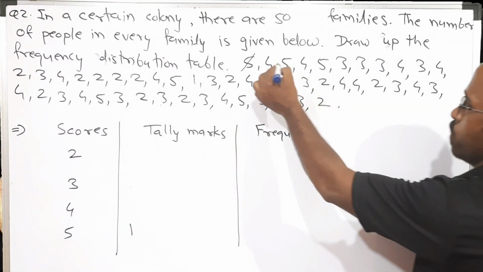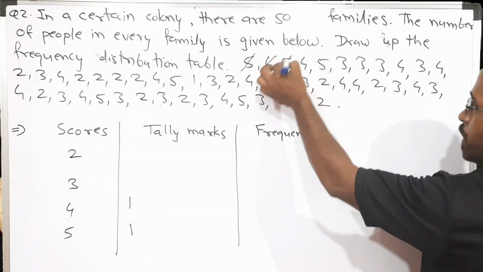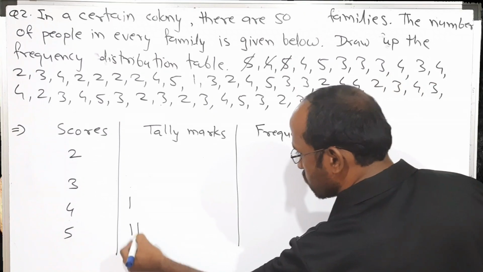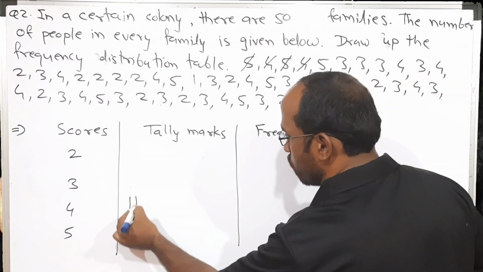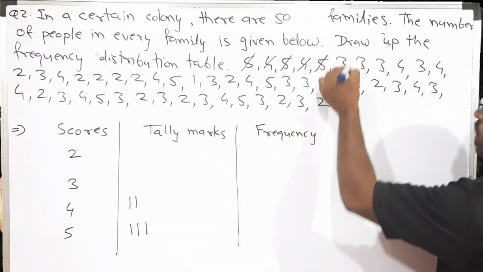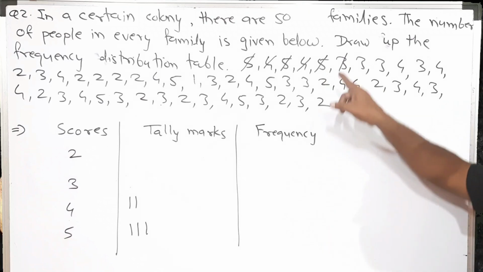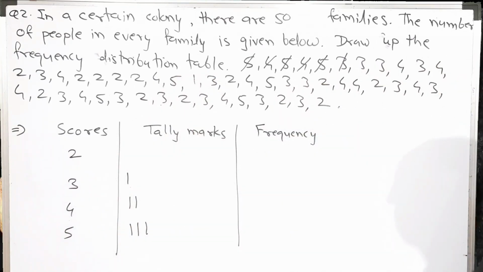Second is 4, cut this 4, one line for 4. Third is 5, so one more line against 5. 4, one more line against 4. 5, one more line against 5. 3, it occurred for the first time, so let's draw one line against 3.